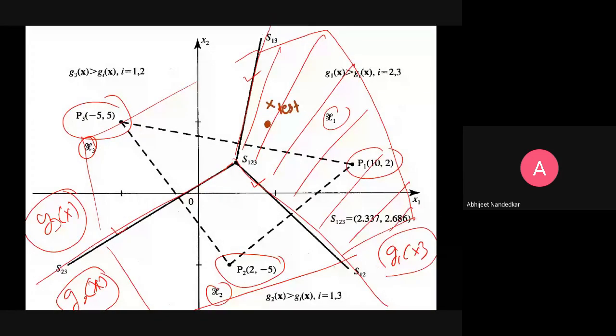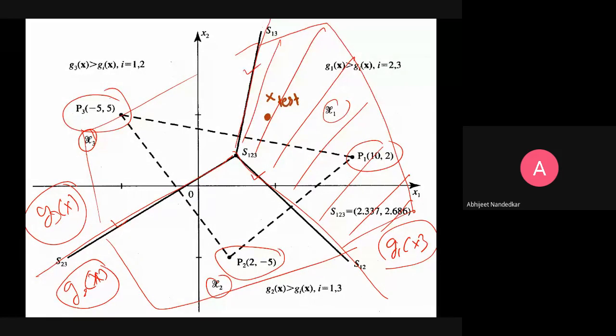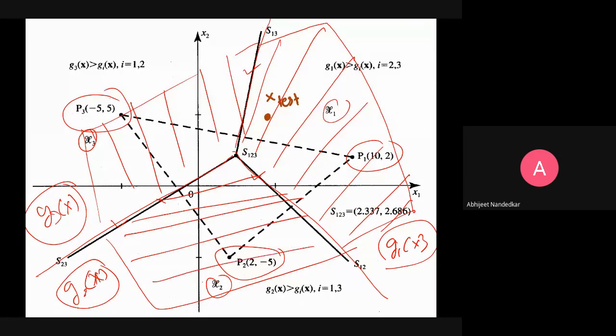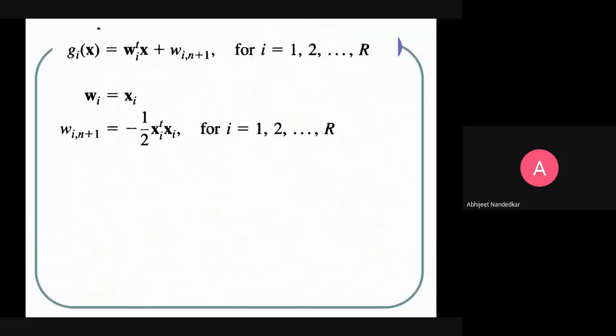This is a tilted plane, this is another tilted plane, and this is another tilted plane. These 3 planes meet and form the decision boundaries.